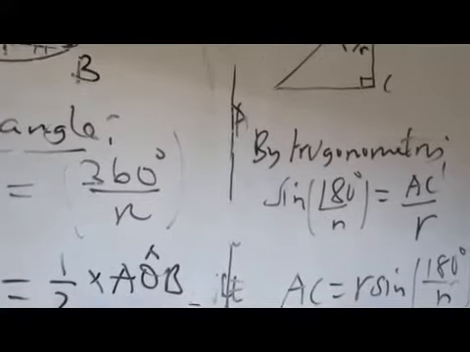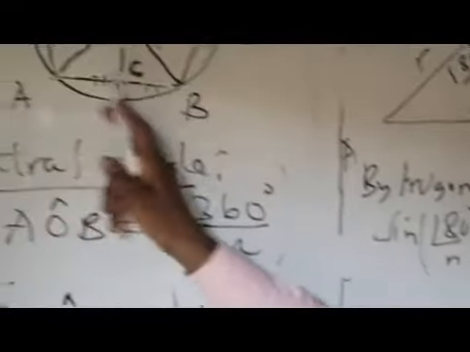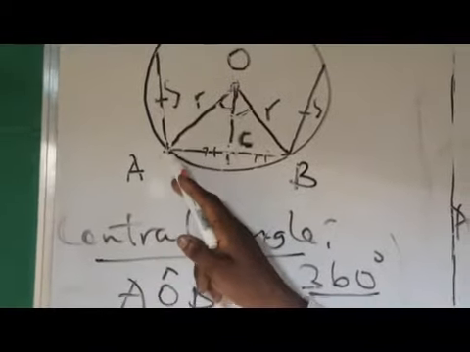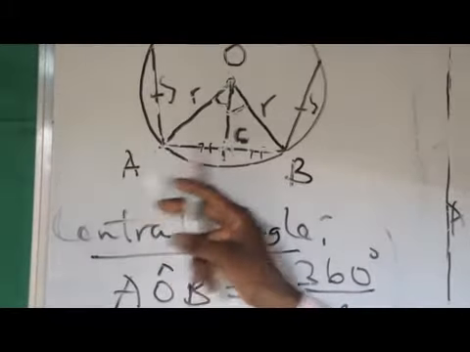So this one is the length of the portion A to C. But here the intention is to find the length of the portion A to B.